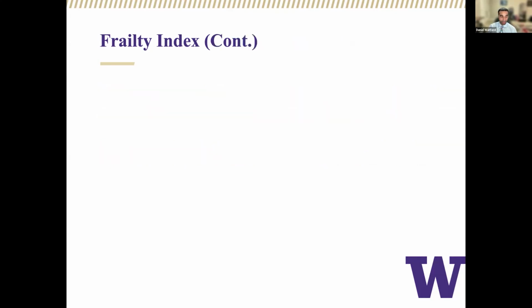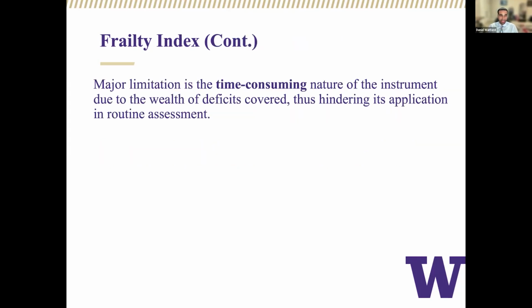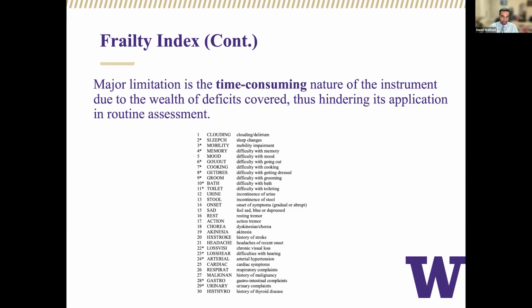But I think there is a major limitation, and that is the fact that it's quite time consuming in its nature due to the wealth of deficits that it covers, thus really hindering its application in routine assessment. I think it will be very difficult for many transplant programs, us included, to utilize in our day-to-day evaluation of our pre-transplant patients. It's an example of the wealth of things that this metric covers.